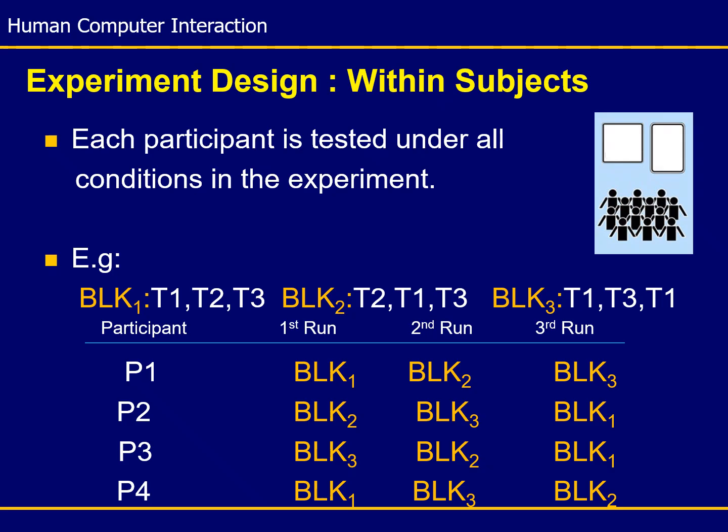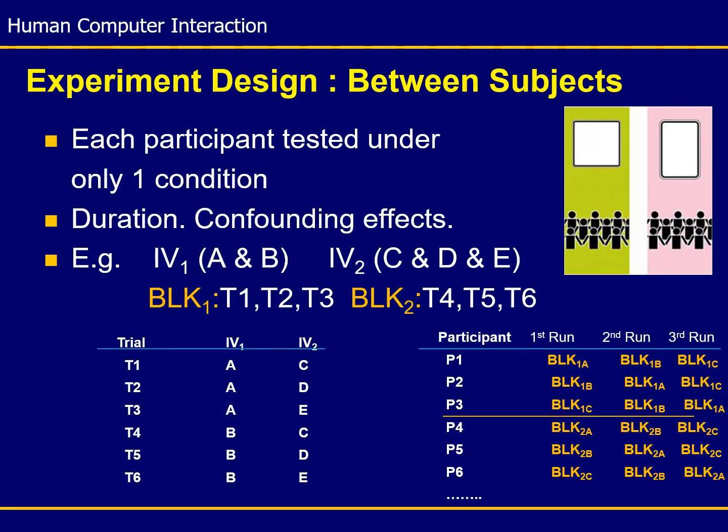But there is another way. In the other way, you get a number of participants and then you split them into 2 groups, and each group will do half the trials you have. Let's look at this example.